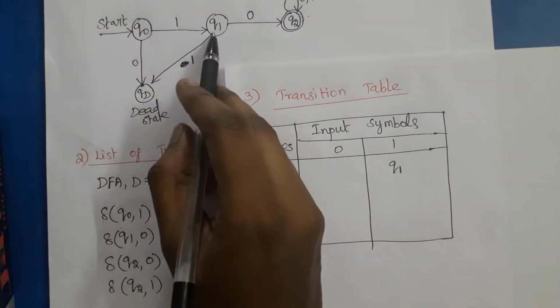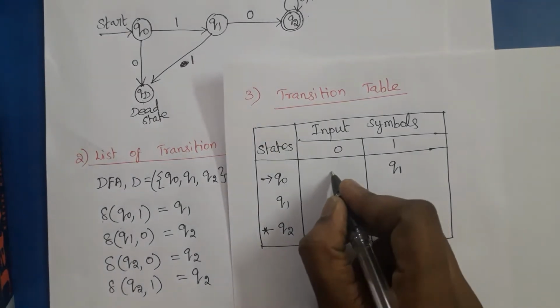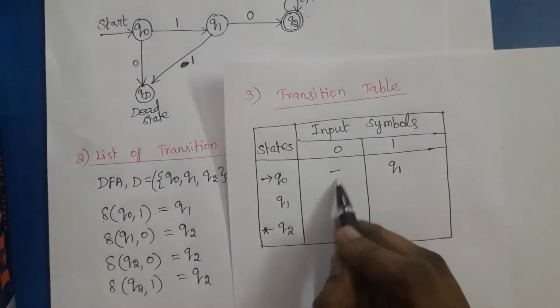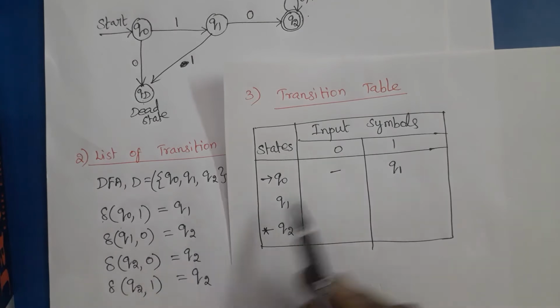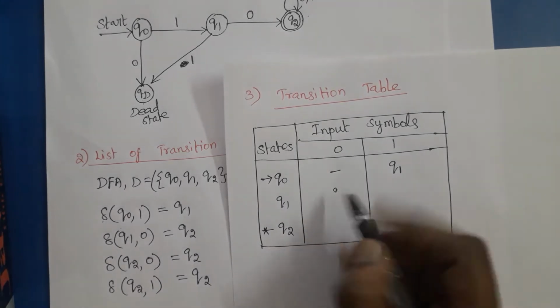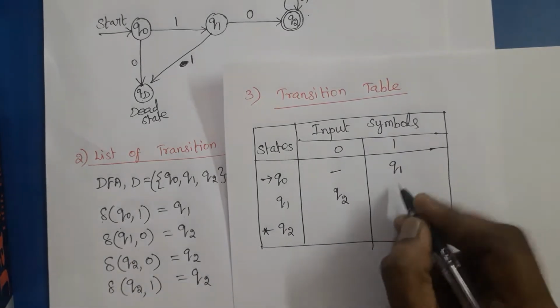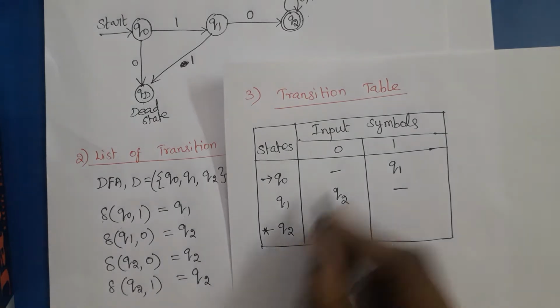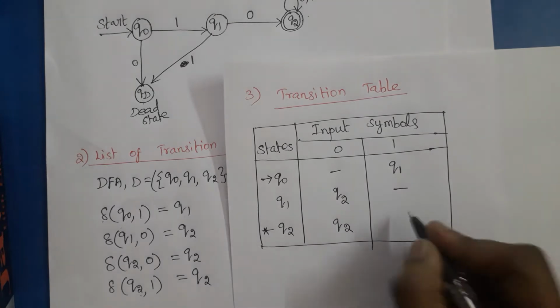There is no transition for 0, so we can put a hyphen over here, or you can write QD, dead state. Then Q1 comma 0 is Q2. Q1 comma 1 is not a transition, so put a hyphen. Then Q2 comma 0 is Q2, and Q2 comma 1 is also Q2.